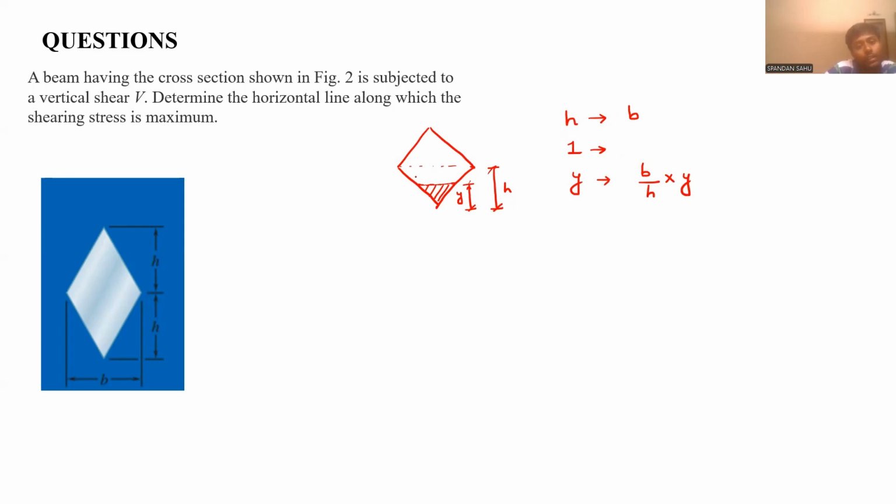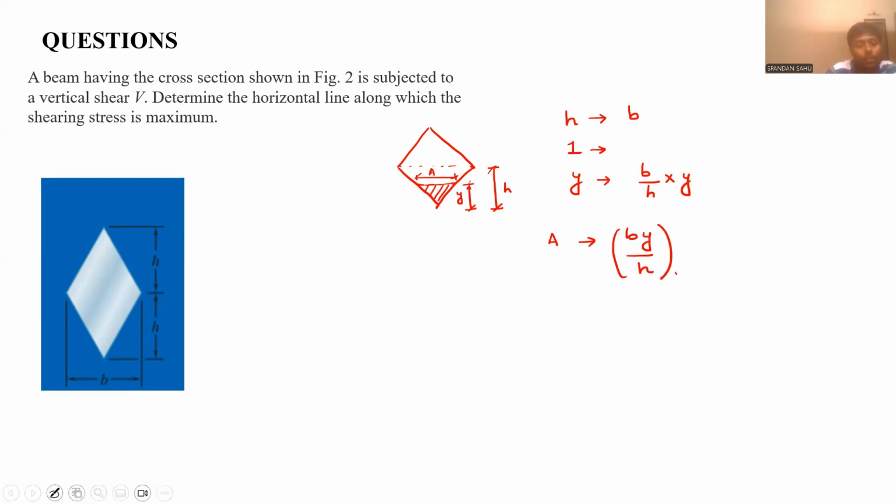So let this width be some letter, say L prime, or let us say A. So A becomes b y upon h. Okay.